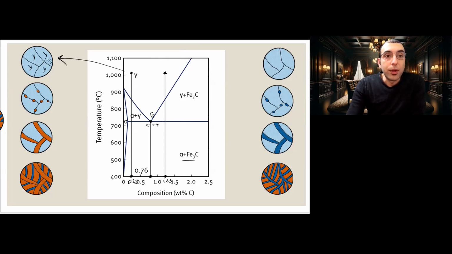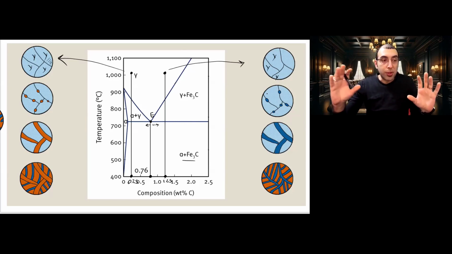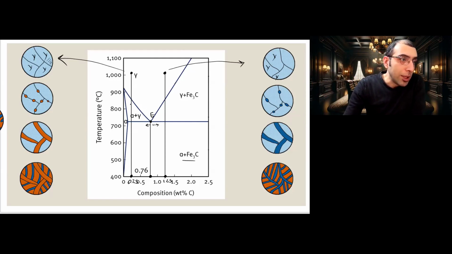For a hyper-eutectoid alloy, it also shows that, hey, we are at the austenite phase. So again, look like that, and that will be your austenite. So in that temperature, no matter what the composition is, hypo-eutectoid or hyper-eutectoid, they have the same phase at this temperature. Now let's bring the temperature to here.